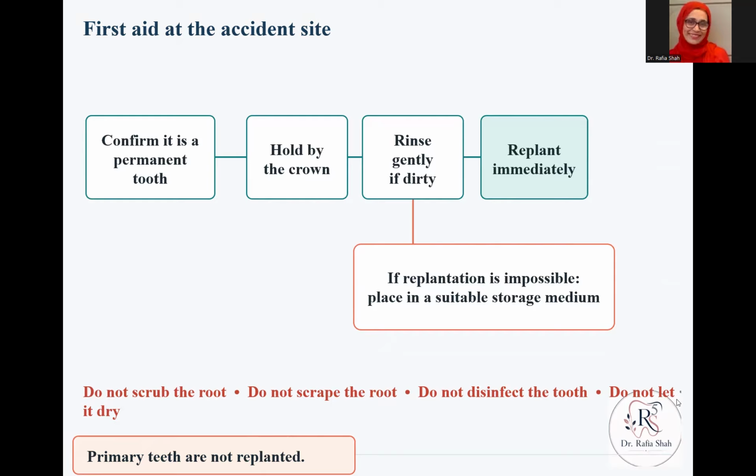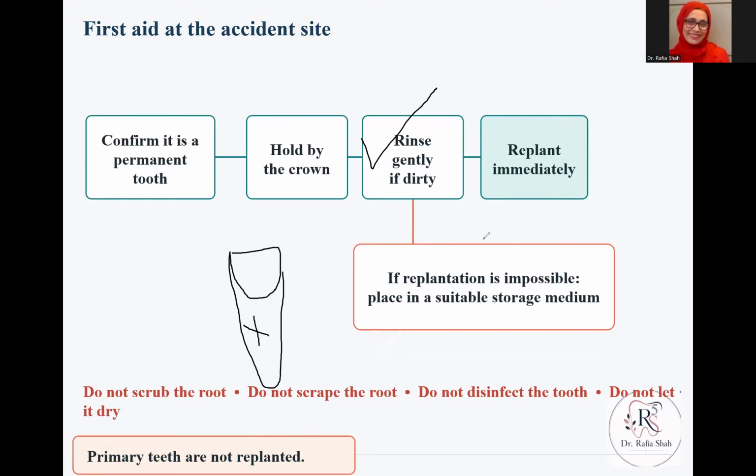Then when the patient has brought the tooth to you, do not touch the root of the tooth. Always hold the tooth from the crown. Never touch the root, because we know that the PDL viability will be compromised. Then rinse the tooth gently if dirty.